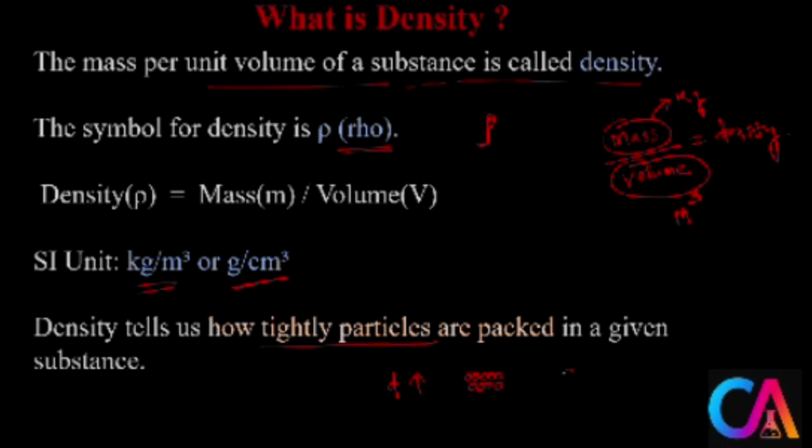If the density is low, that means particles are loosely arranged. Clear? I hope it is clear, but if you have any doubt, please drop it in the comment section, and you can also let me know what changes I need to make to improve the quality of the video or content, anything.